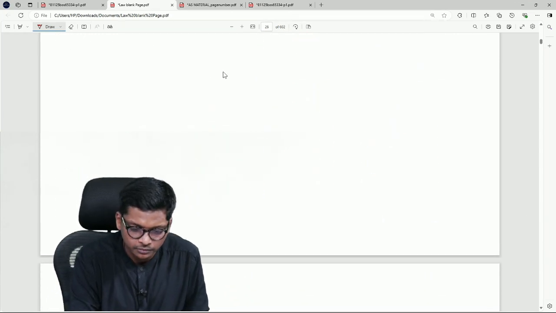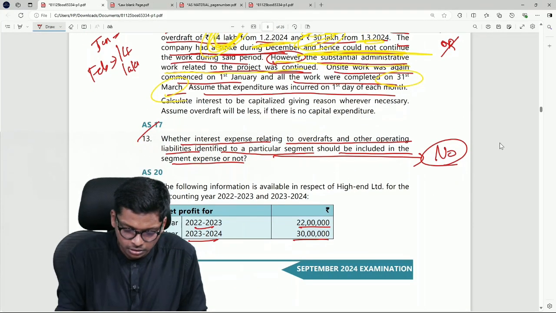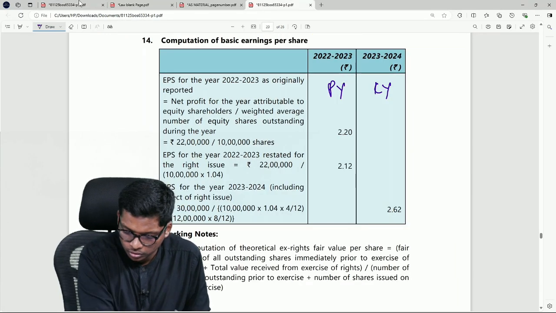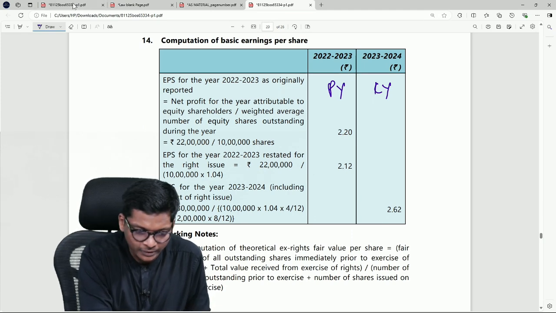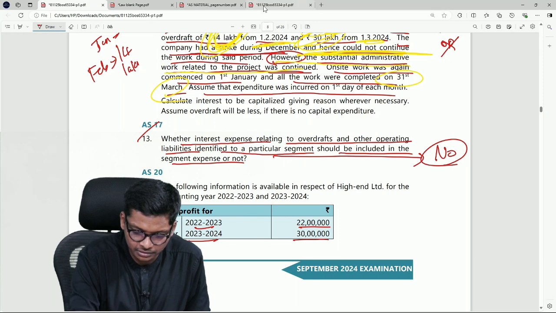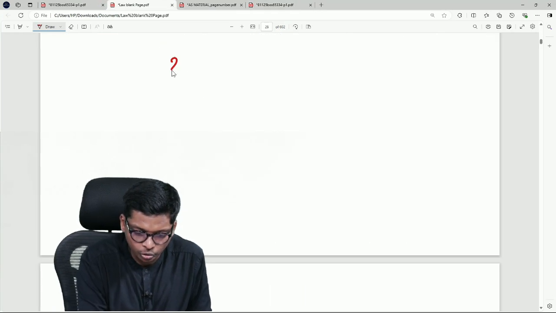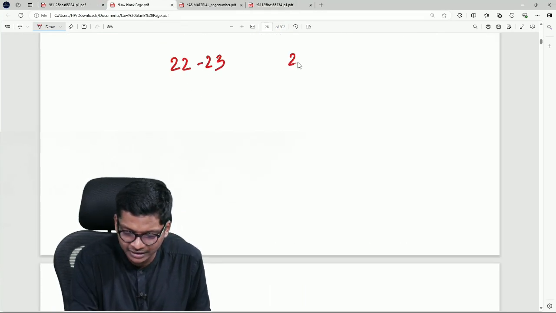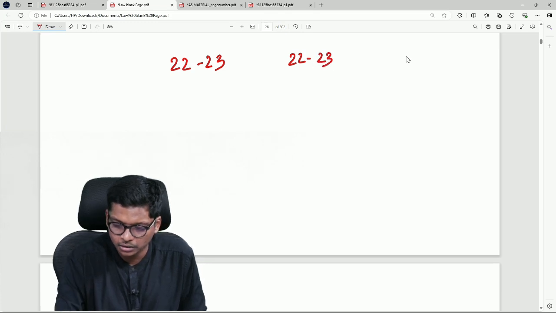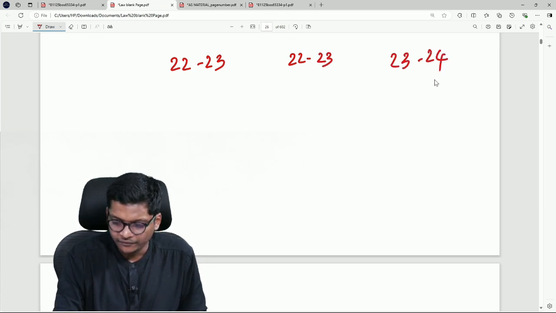The profit is 22 for 22-23 and 30 for 23-24.